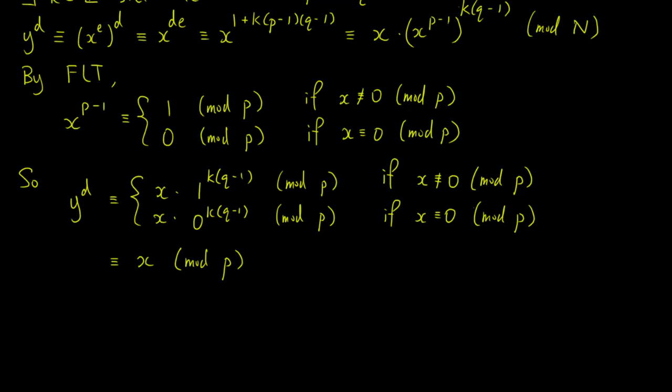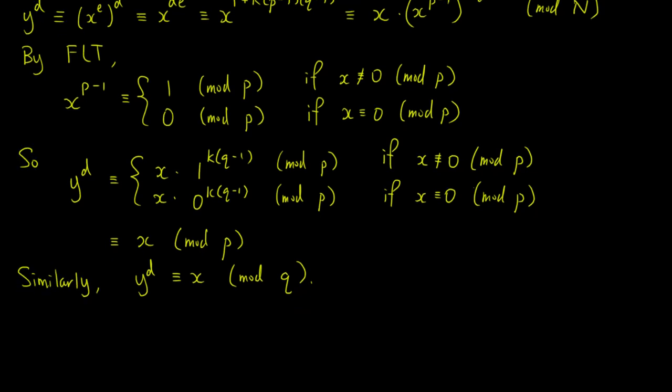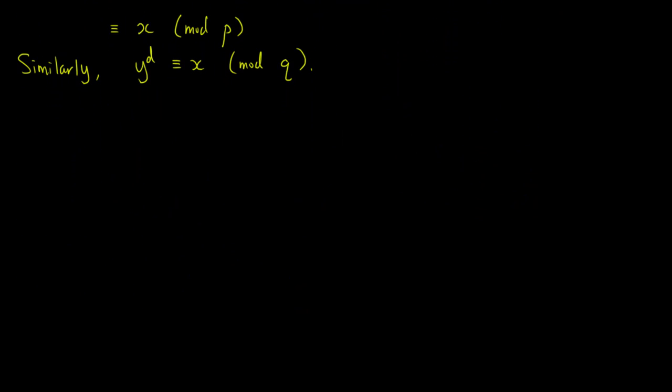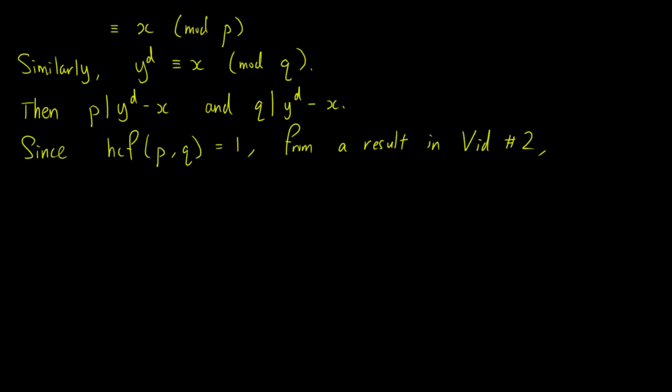In either case, x to the d is congruent to y mod p. Similarly, x to the d is congruent to y mod q. Now p divides x to the d minus y, and q divides x to the d minus y. Since the HCF of p and q is 1, from a result in the second video, we know that p times q also divides x to the d minus y. In other words, x to the d is congruent to y mod n, which completes the proof.